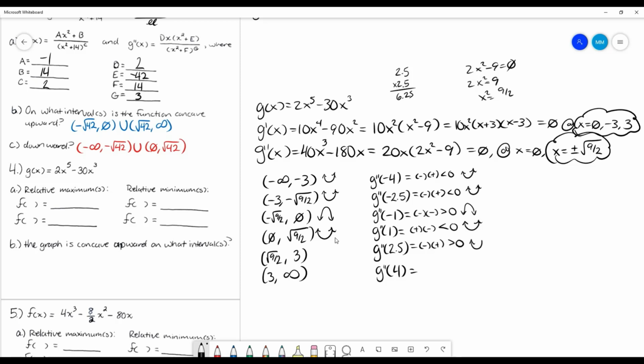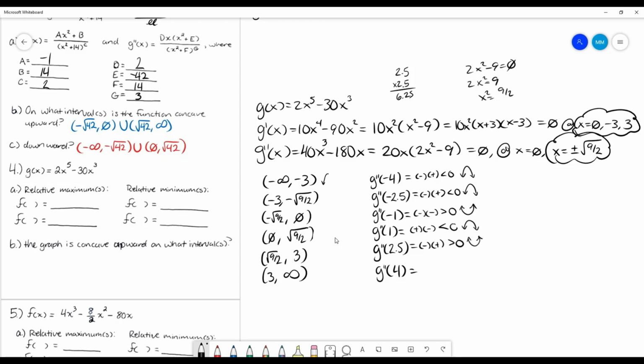Oops, I was right, I was drawing the wrong concavities. My math is right, or my numbers are right rather, because it's all math. When it's less than 0, it's concave down: up, down, up.